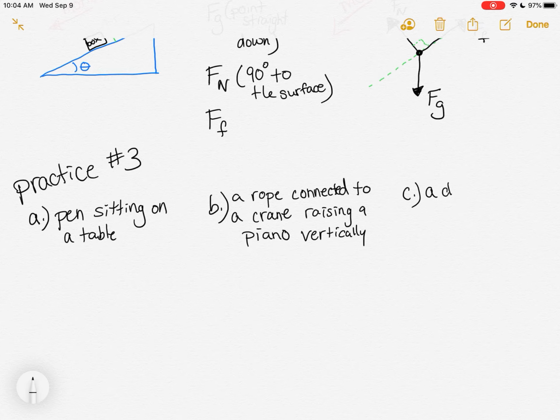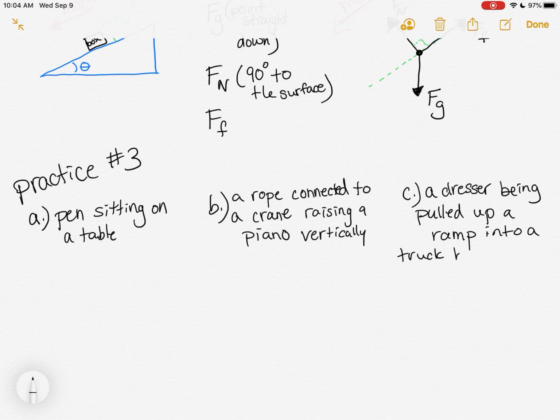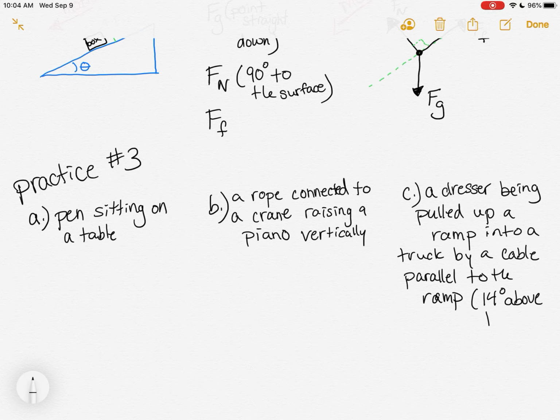So C is going to be a dresser being pulled up a ramp into a truck by a cable parallel to the ramp. And the ramp is 14 degrees above horizontal.